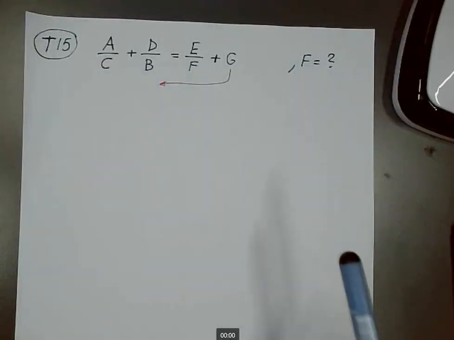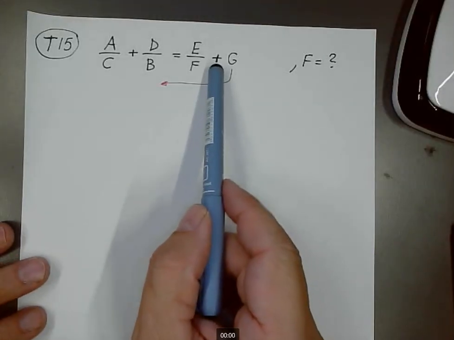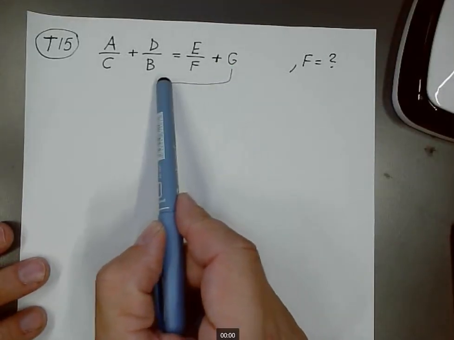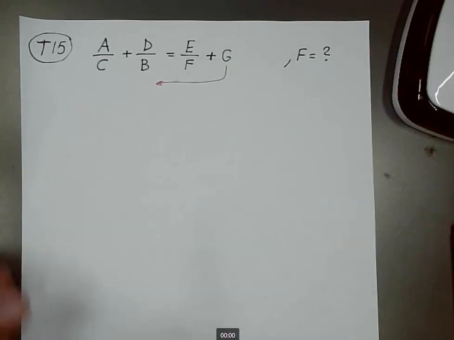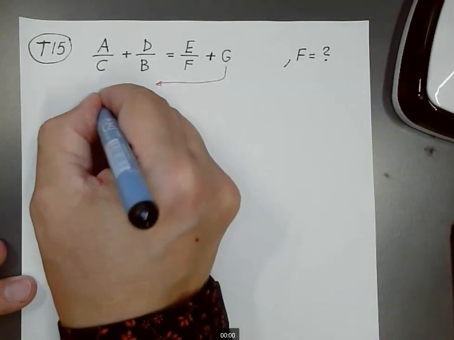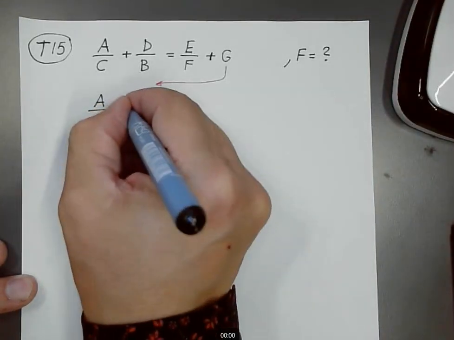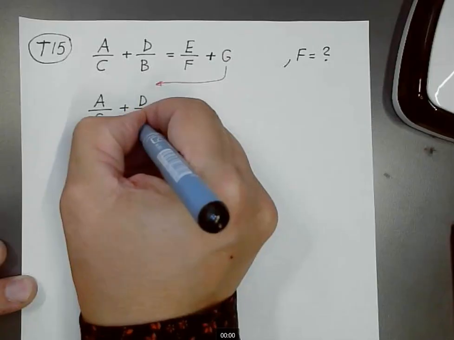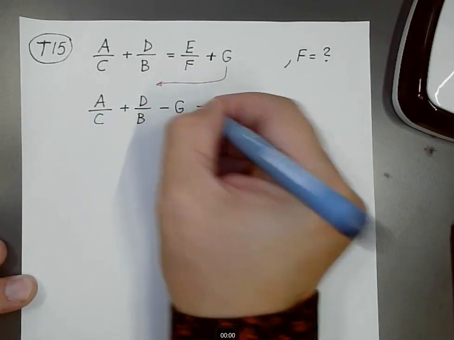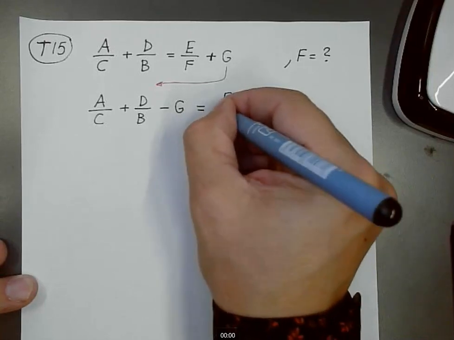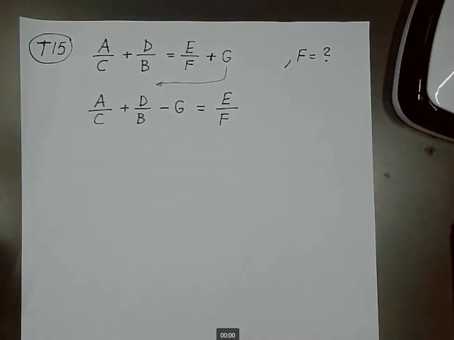And now the same. Here we have a plus sign and it moves to the left hand side, so this changes to minus. So we have A divided by C plus D divided by B minus G equals E divided by F.